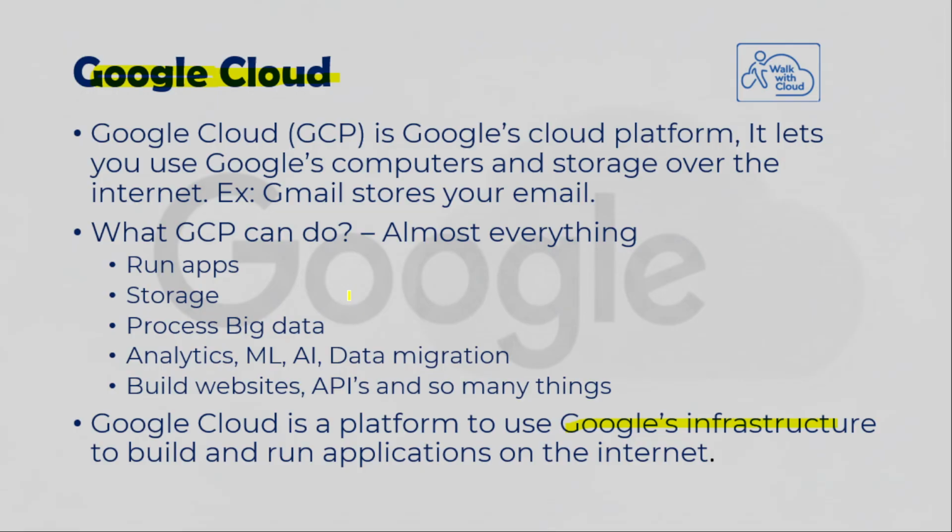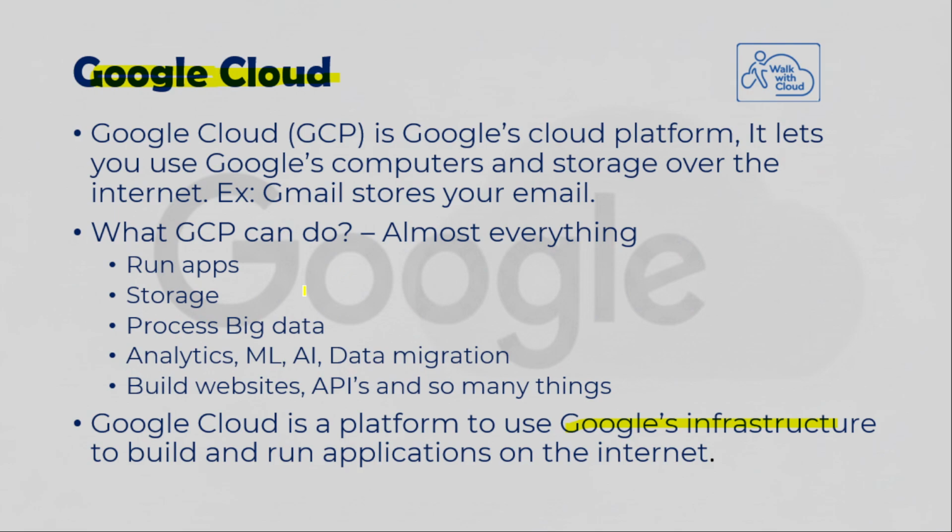Google Cloud is one of the major cloud platforms nowadays, and there are other popular cloud providers like AWS, that is Amazon Web Services, and Azure from Microsoft. All of them follow the same basic idea: use their infrastructure instead of owning your own.